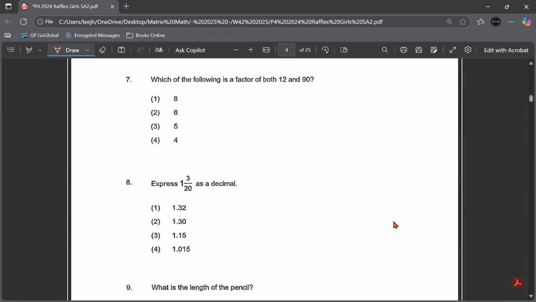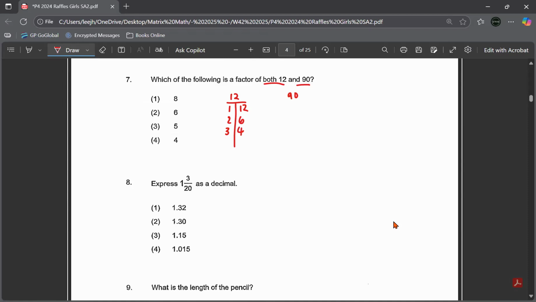Question 7, which of the following is a factor of both 12 and 90? If you're not sure, you just list out the factors. Work with 12 first: 1 and 12, 2 and 6, 3 and 4.